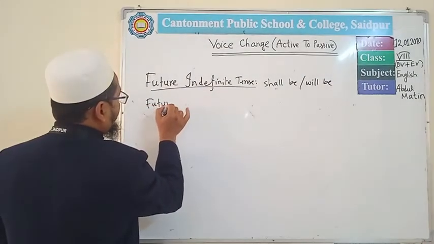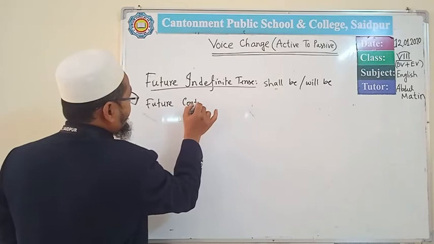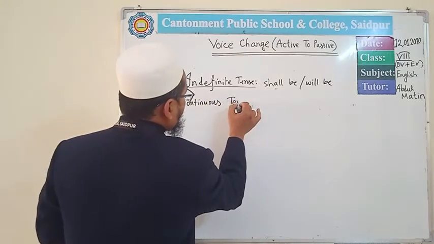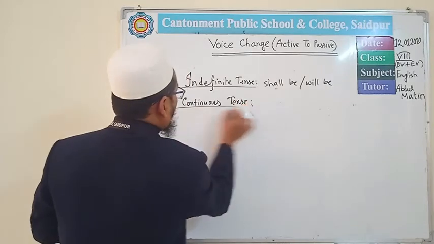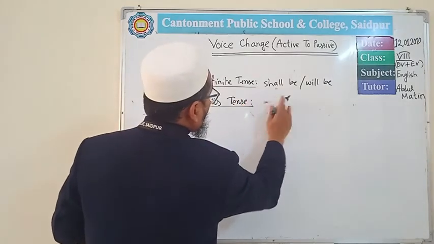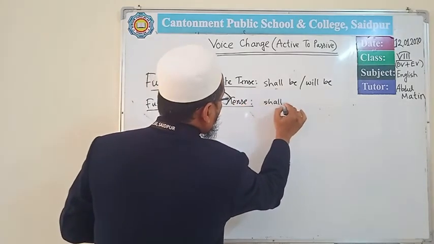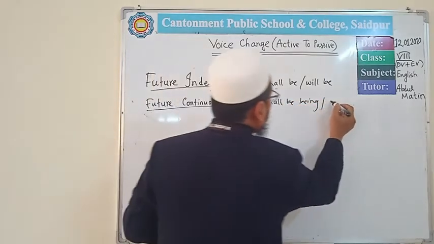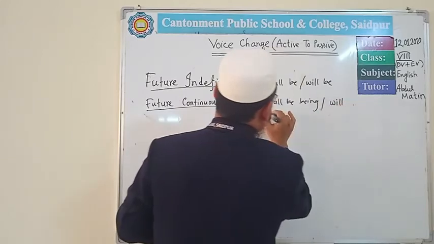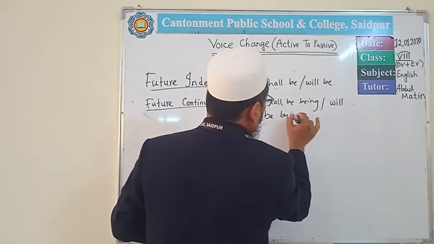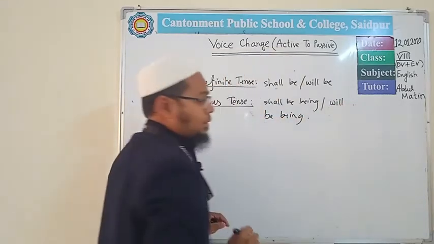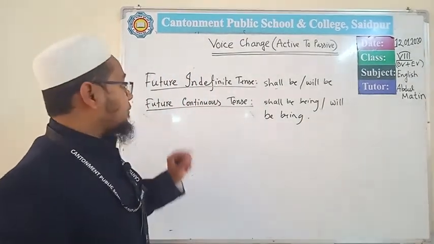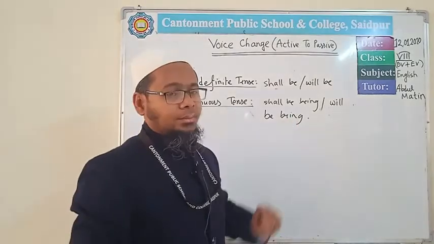Then future continuous tense. Here shall be being or will be being. This is the change, and you know already future perfect tense shall have been, will have been.